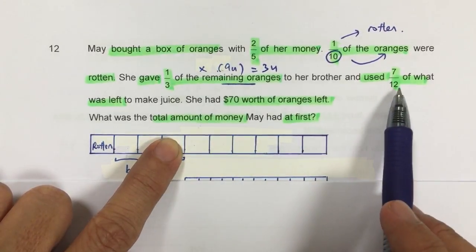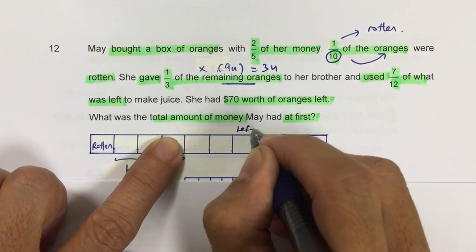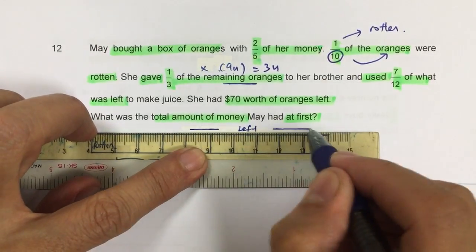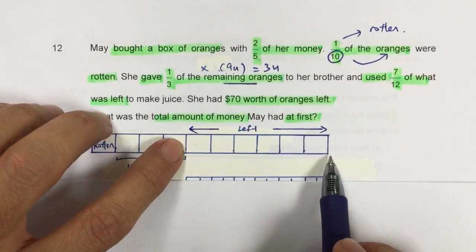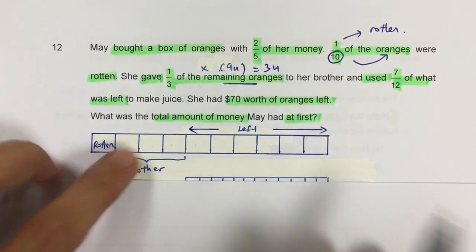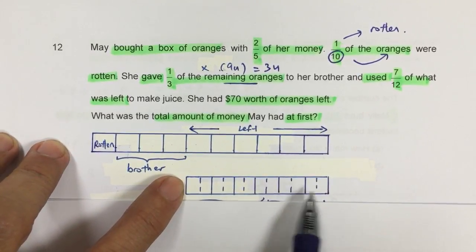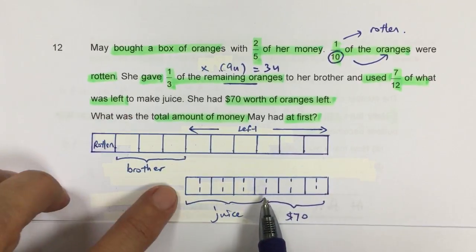And she used 7/12 of what was left. Now this is left. So 7/12, so here I further subdivide into 12 units, 2, 4, 6, 8, 10, 12. 7 out of 12 was used to make juice.